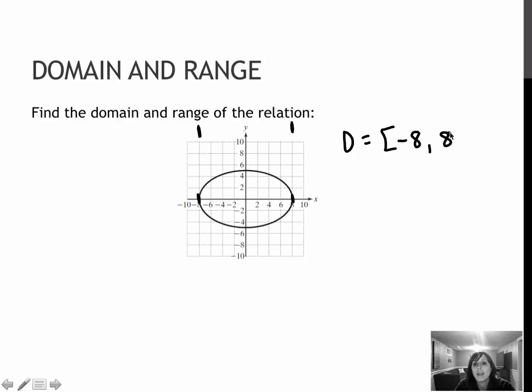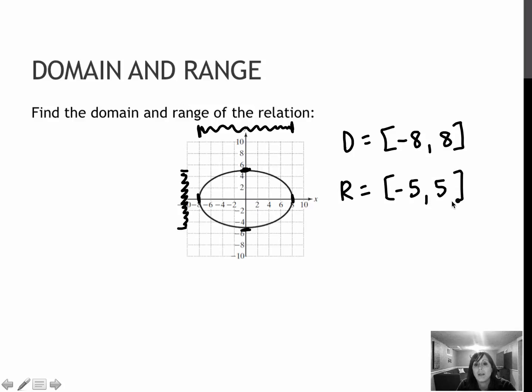My range looks to go from -5 up to +5 and including all of the values in between because, again, there's a value everywhere in between here, and on this one there's a line everywhere in between here. So that would be from -5 to +5 inclusive.